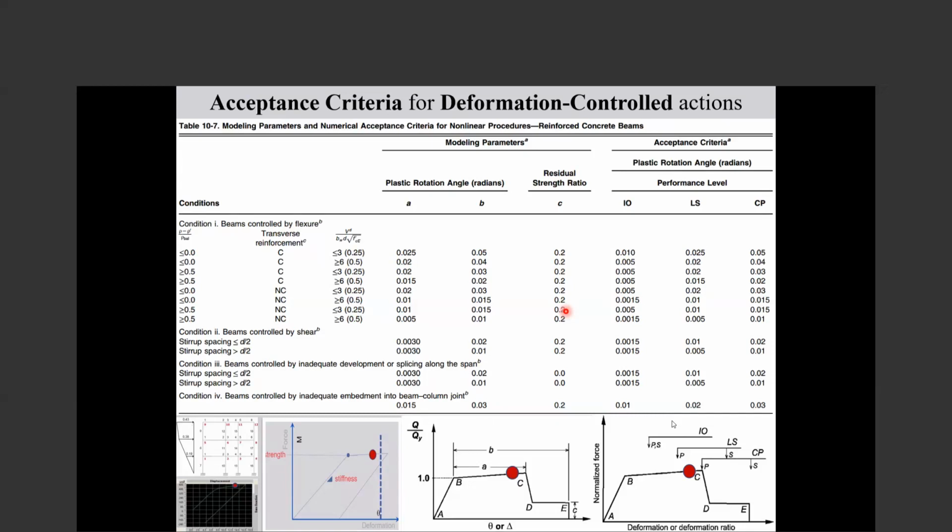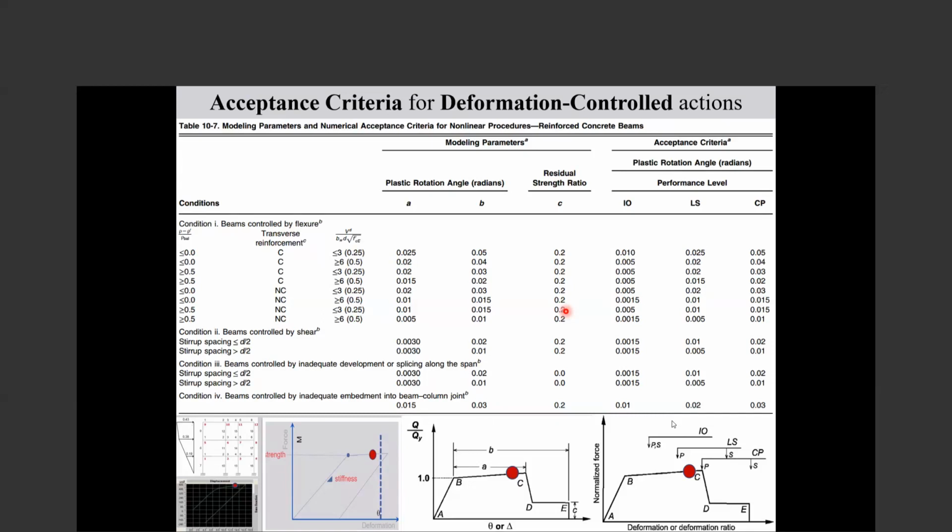For example, in the chapter on reinforced concrete, it mentions that you can model the beam column joint as rigid. So there is no need to model it, but just use the table to control it, to see whether the joint is damaged or not. So that's the minimum requirement.